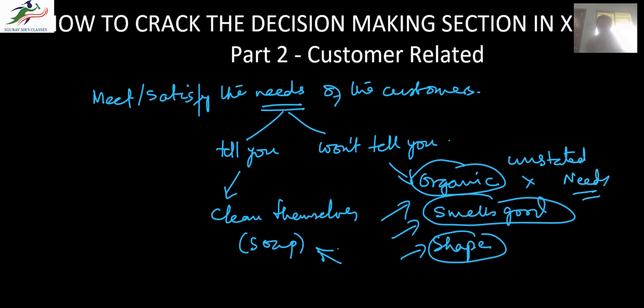Because at the end of the day, the customer will only buy the products that he wants in these categories that have these kind of characteristics. So how do you find that out? That is the challenge of any businessman.